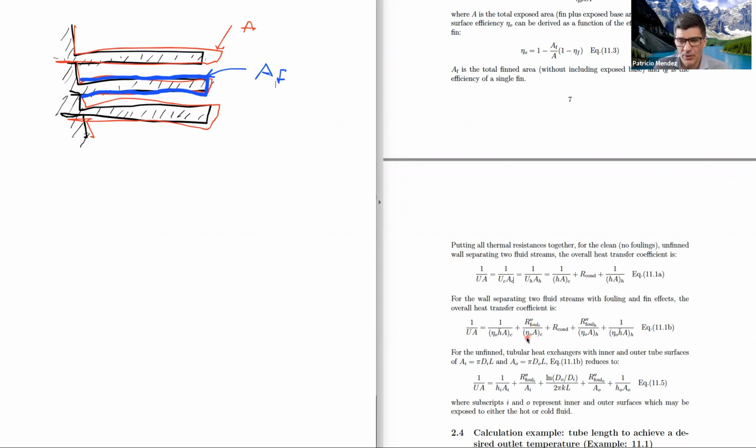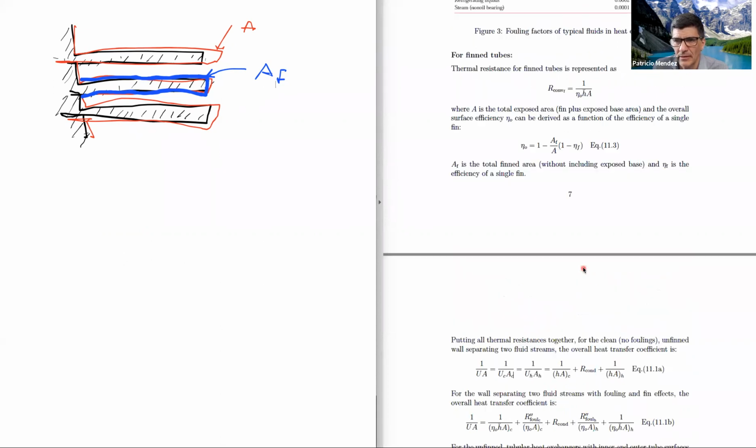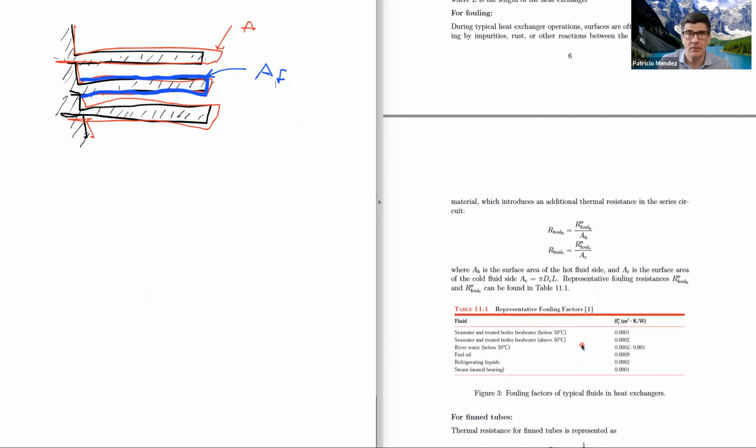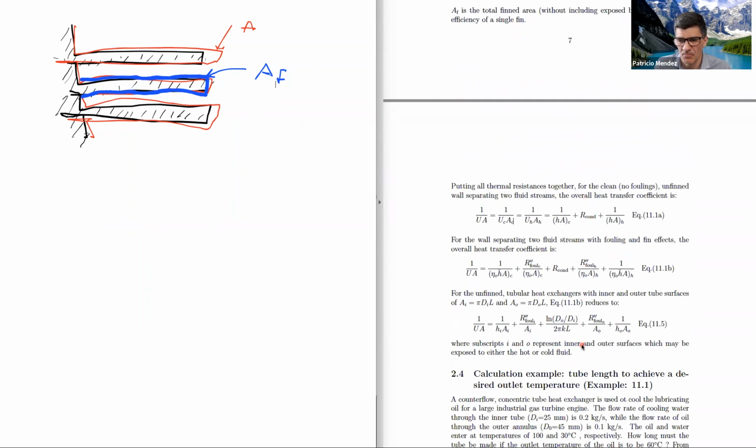And in that case, if we have no fins, eta naught is 1. Here we have the R double prime of fouling. That can be what we saw in the table of representative foulings, although this is good just for this class; real fouling factors depend on time, and there are books by specialists on that.